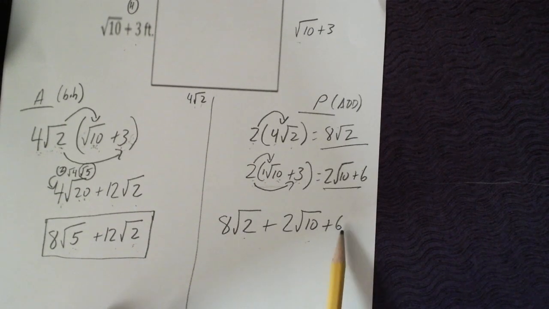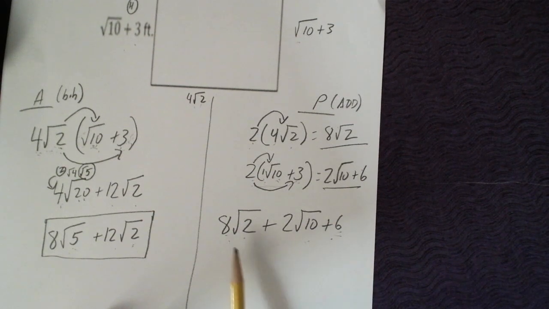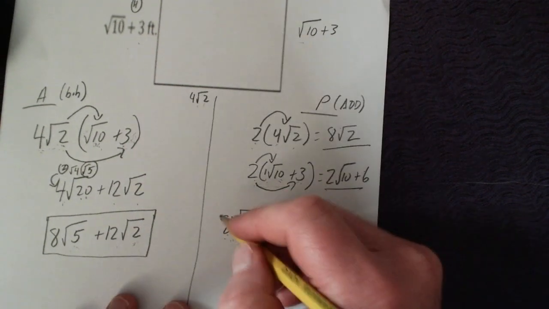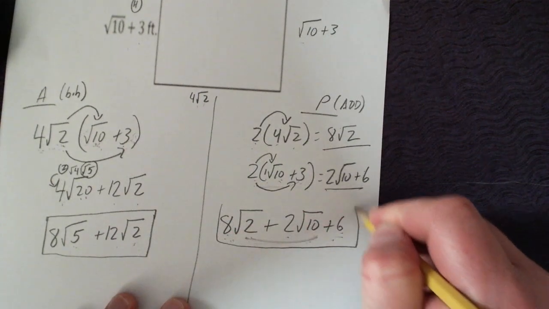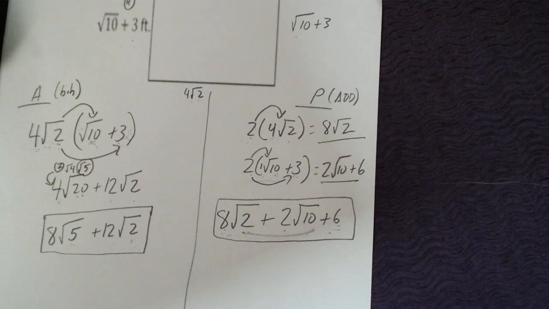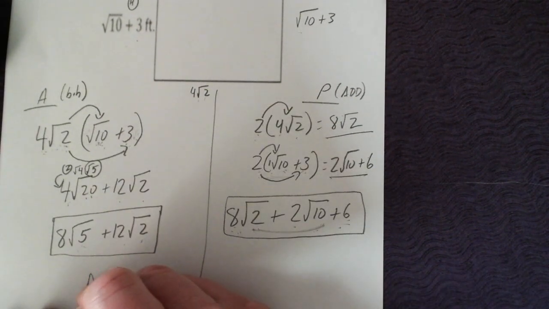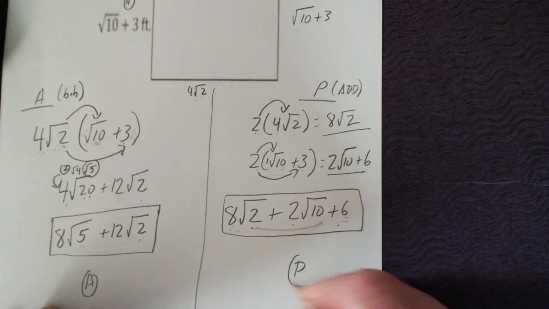It's easy to want to do that. And we can't add these two because of these differences in the square root. So yes, it's a long answer, but that is correct. You cannot combine these two. If these two radicals were the same, then you could, but you can't. There's your final answer. So again, this is area, and this is perimeter.